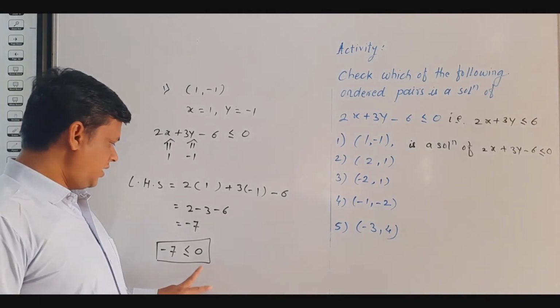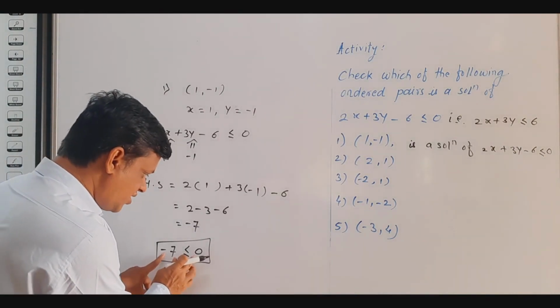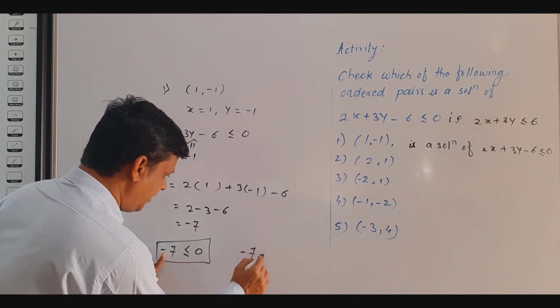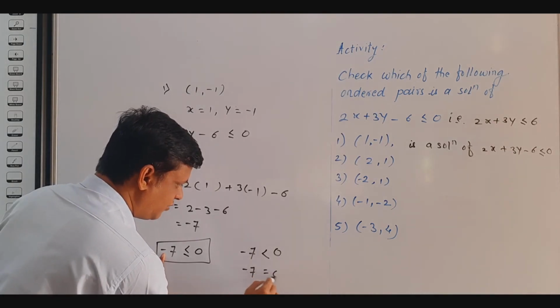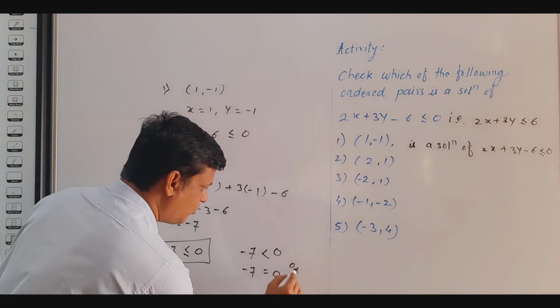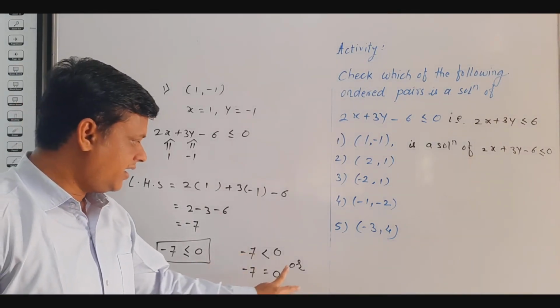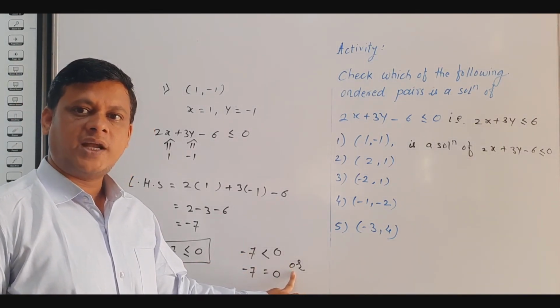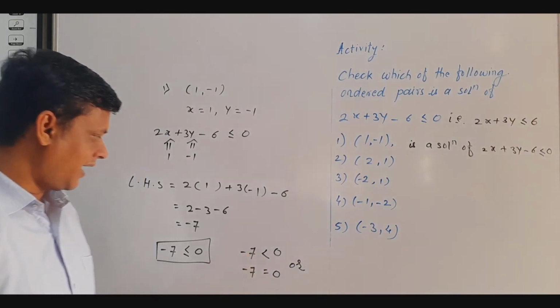Now here two conditions are given. That means we have to check whether minus 7 is strictly less than 0 or minus 7 is equal to 0. Here the word is or, that means any one condition we require.